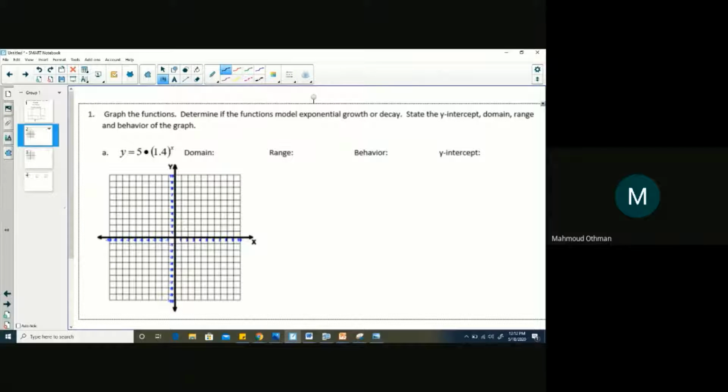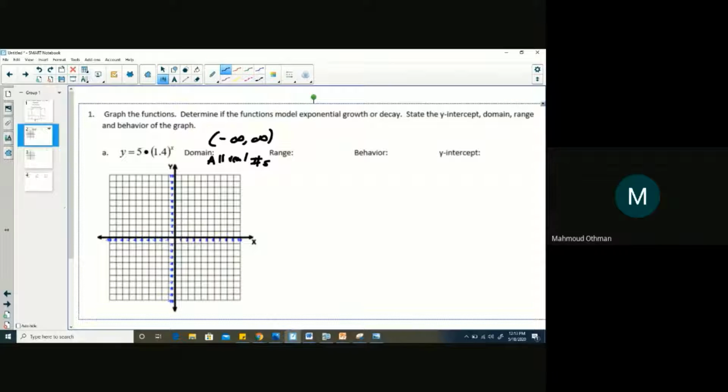So if we remember last week, we talked about how the domain for exponential functions goes from negative infinity, comma, to infinity, which is essentially all real numbers. Then we have the range.